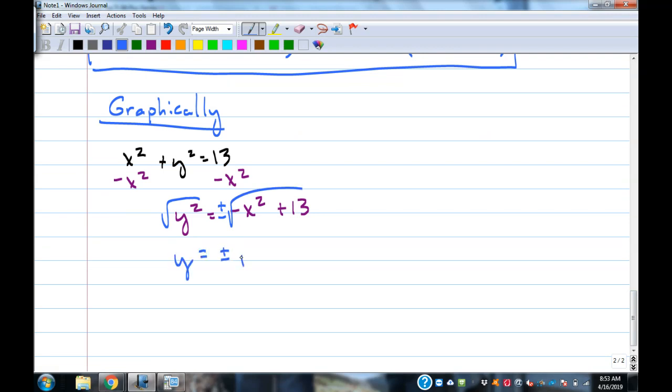So I've got plus or minus the square root of negative x squared plus 13. So when I graph that, I've got to graph a positive square root of negative x squared plus 13. And then on another equation, graph the negative square root of negative x squared plus 13 to get it to draw the circle, because it can't draw it. There's no plus or minus button there that you can use.